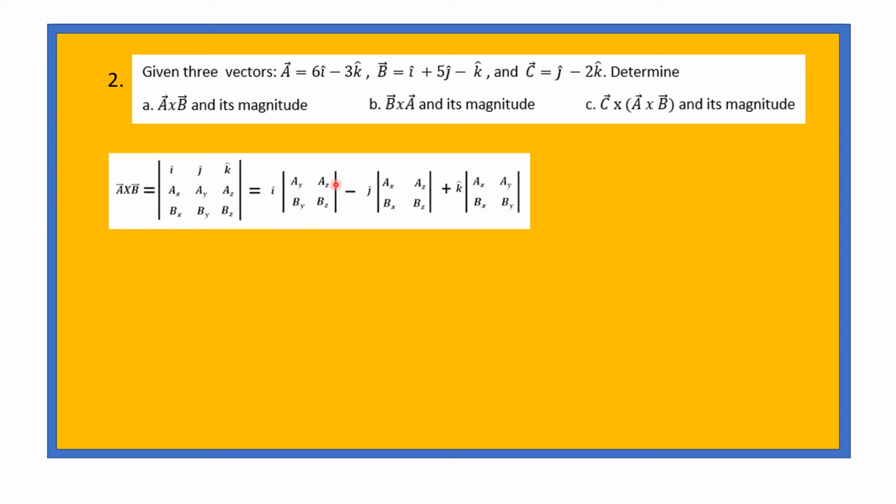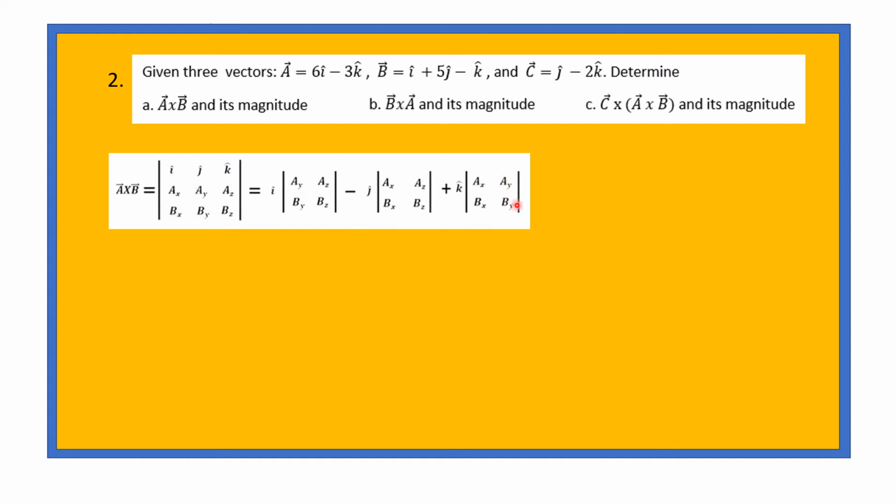So we are done with i hat, followed by minus j hat. With j hat, we remove the y components, AY and BY, so that we have only AX, BX, and AZ, BZ. Then lastly, plus k hat, where we remove AZ and BZ, and we only have AX, BX, and AY, BY.